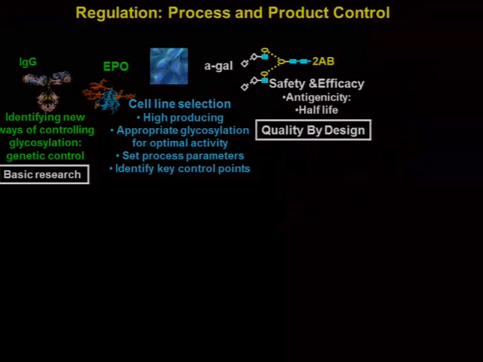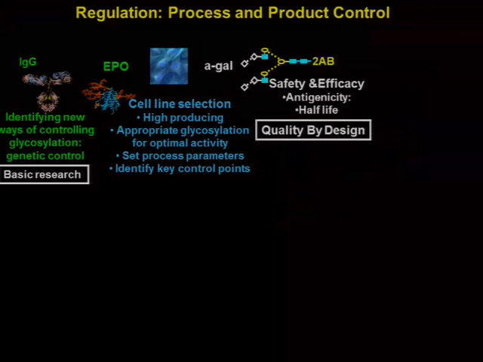So all of this amounts to your need to be able to regulate glycosylation both in the process and also to be able to monitor it in the product. So what we tried to do in our lab is to design a glycoanalytical platform that was fully comprehensive.